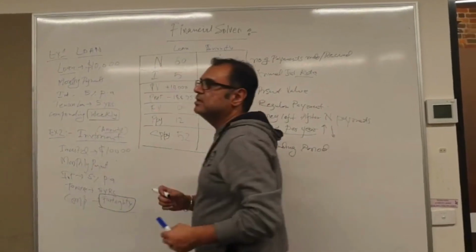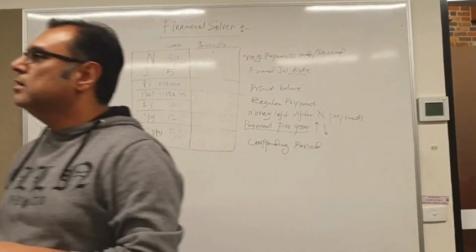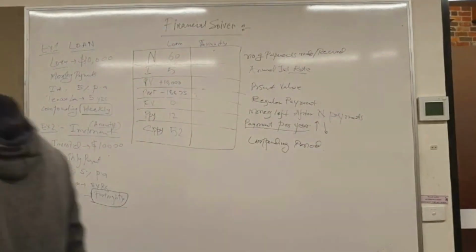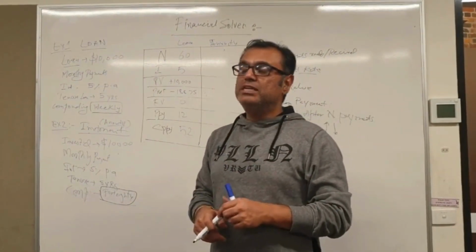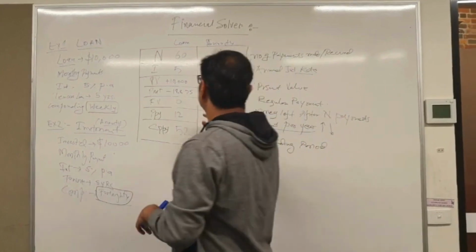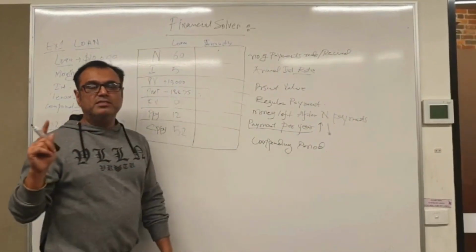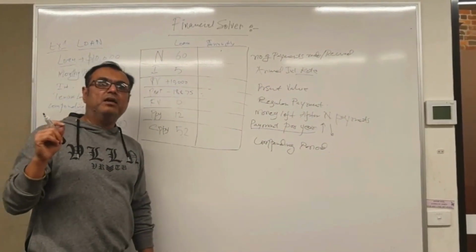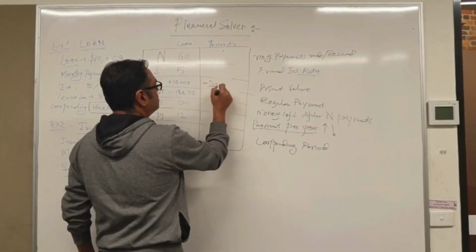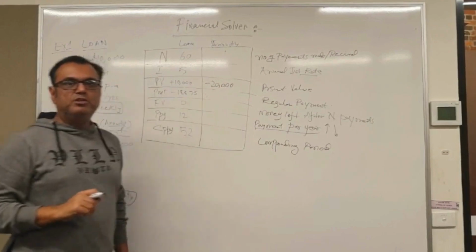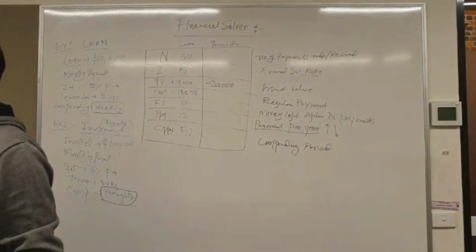It says, someone has put $20,000 into the compound interest investment. So $20,000 is going out from their bank account. Yes? So PV is negative 20,000. Did you do this? Next one.